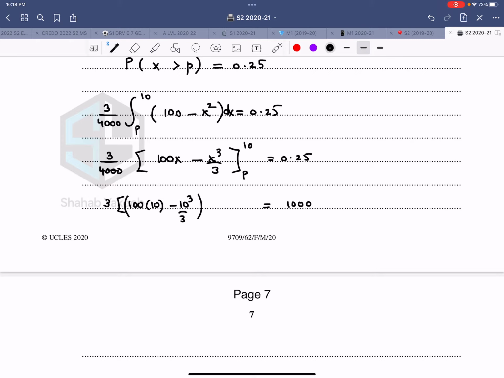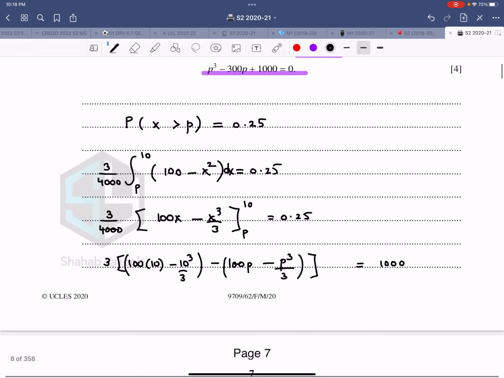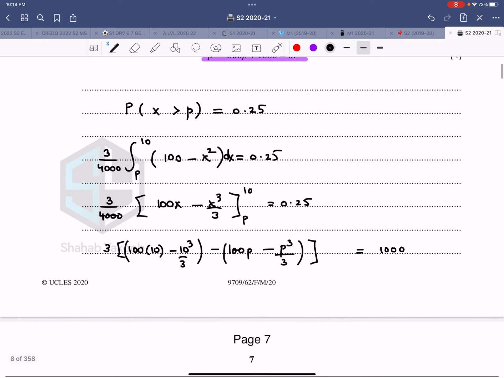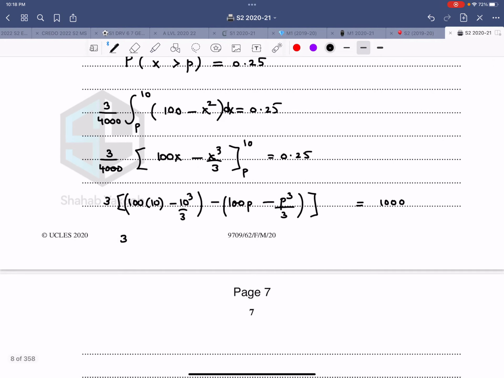This is the first thing. Let me push this to the side. And then this is 100p minus P cube over 3. And then this is equal to 1000. So that is something like this. And of course you would multiply by 3 and then simplify and all these things. So therefore this is 3000.